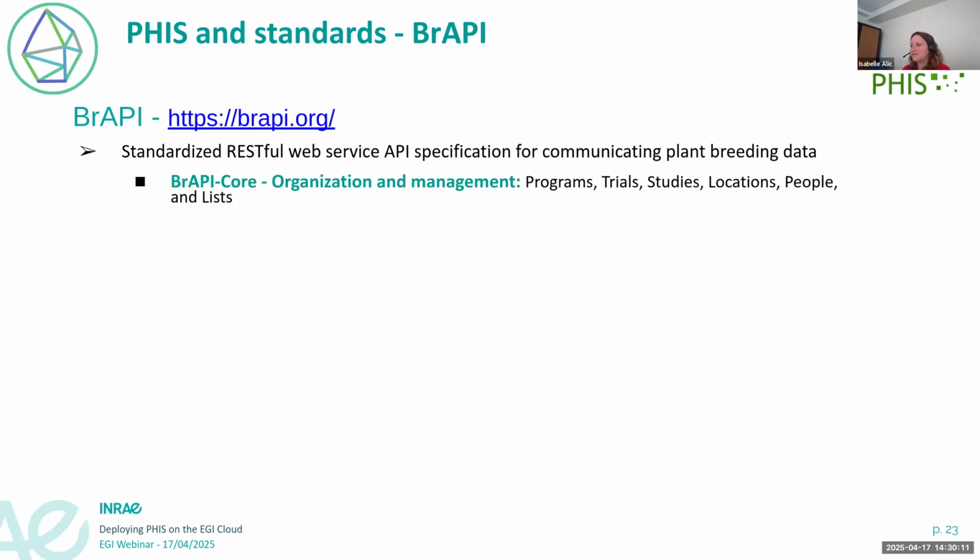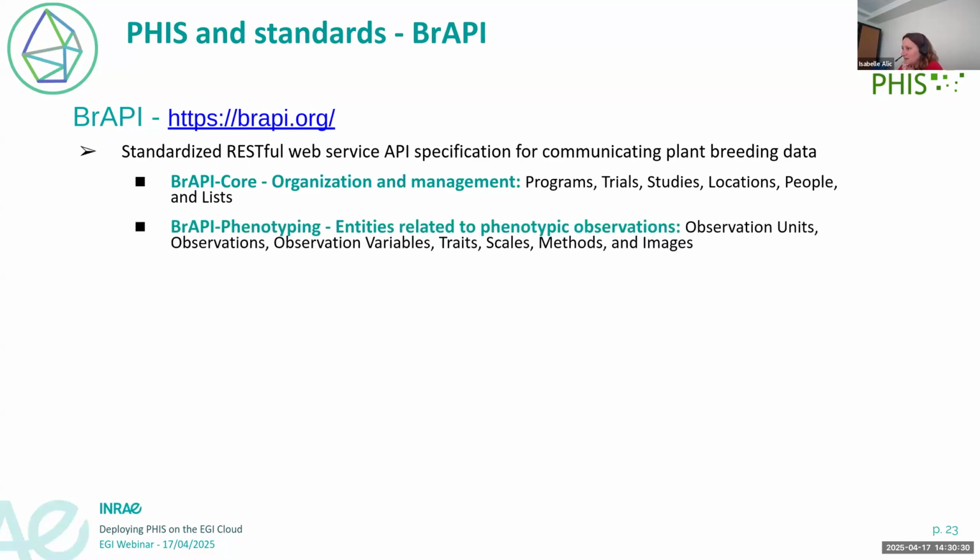You will find different web services that allow you to access the data. The core web services allow you to get the description of the organization and management, so the programs, the studies, the trials. Then you have the phenotyping web services that allow you to get the observation units, the variables, the traits, the methods, the images, and the values of the measurements, of course.